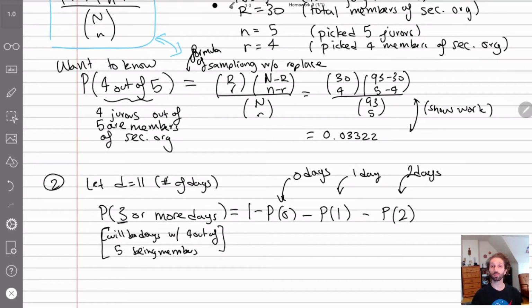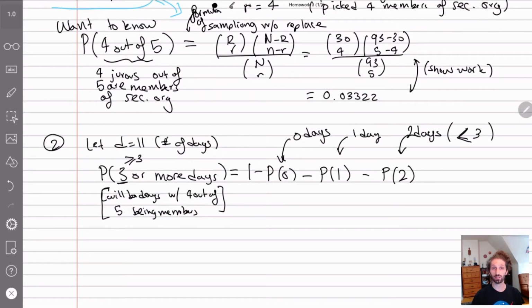The complement would be less than 3. So this is greater than or equal to 3, and therefore here we should have less than 3. Let's calculate this, and we're using the Poisson distribution for this.